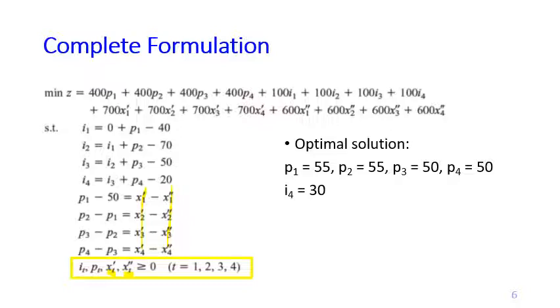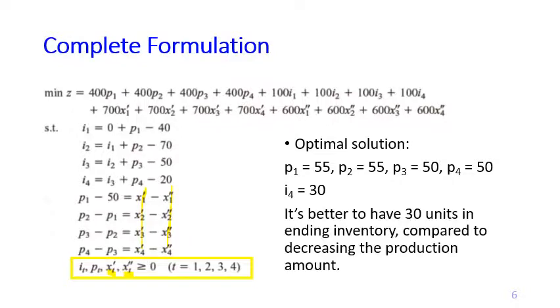If we look at this optimal solution, we can notice that it is better for this problem to have 30 units at the ending inventory compared to decreasing the production amount. So you see that the production amount at period 4 is still 50. It does not decrease from period 3. Although you will have ending inventory, you are producing too many motorcycles.